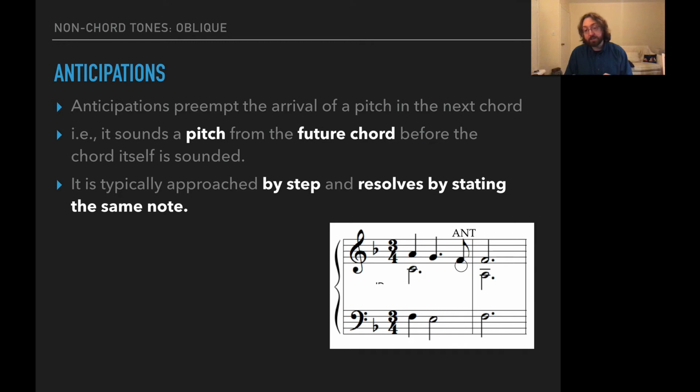And it can create some biting dissonances. But that's okay, that makes it very expressive. Again, we mostly see this at cadences, and it's being approached by step and resolved by staying on the same note. And this is known as an ant or anticipation. We're anticipating the arrival of the next note.